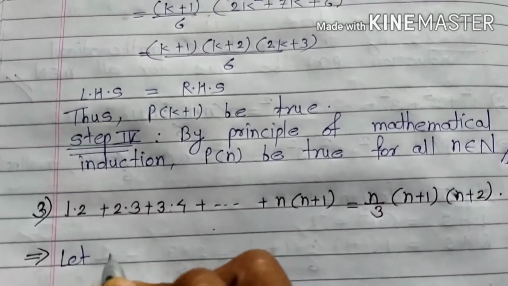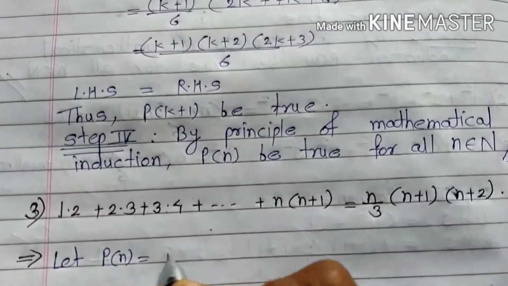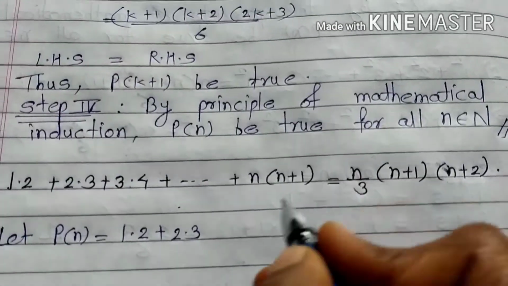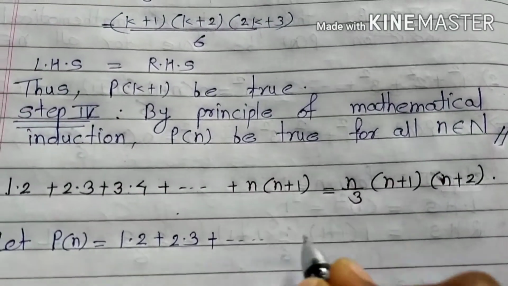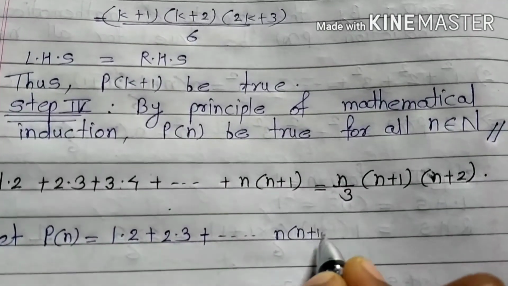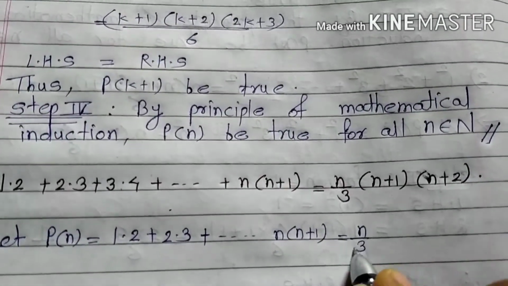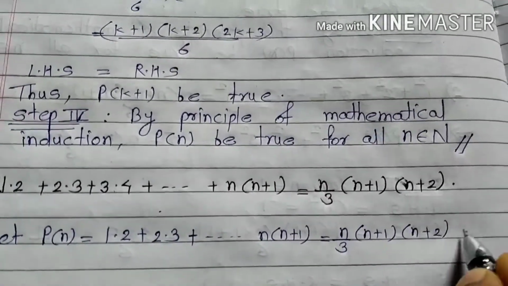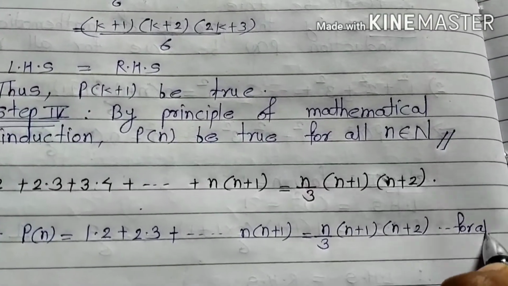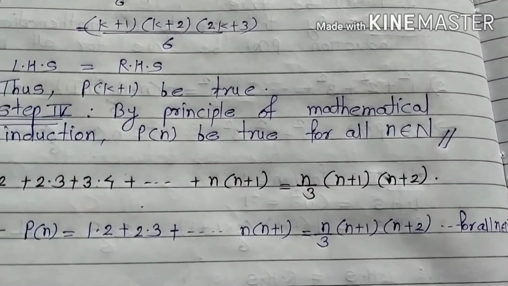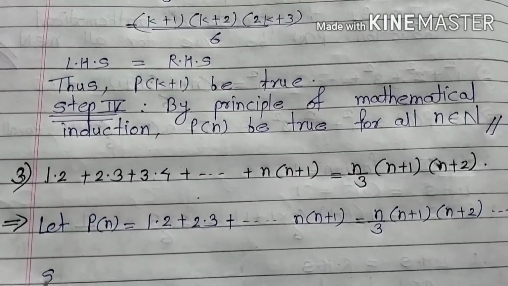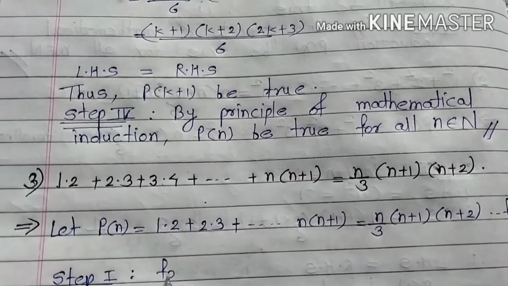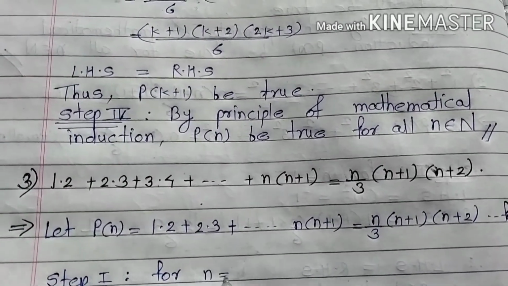Let P of n be equal to 1.2 plus 2.3 plus 3.4 plus and so on for all n belongs to natural number. So step first, for n equal to 1.